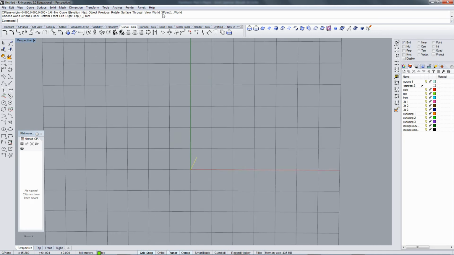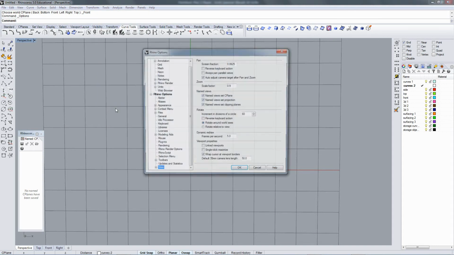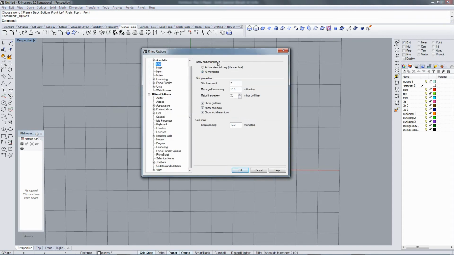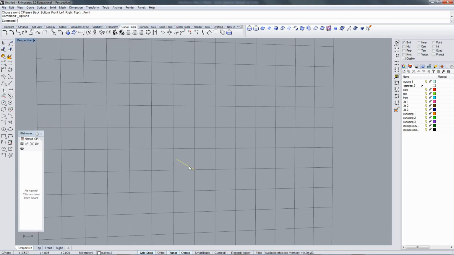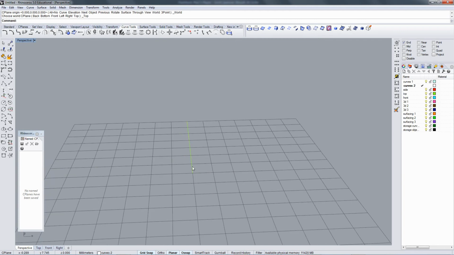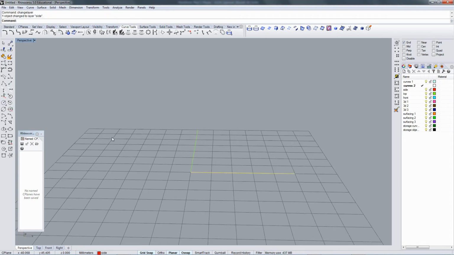Okay? See if I can turn off, much better. Okay, so now I can draw lines in the proper colors.